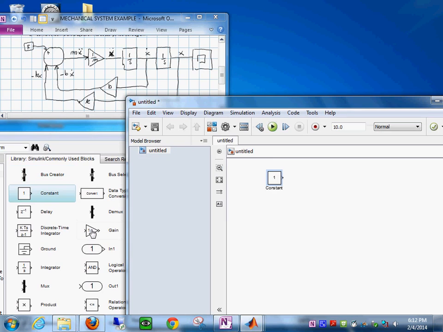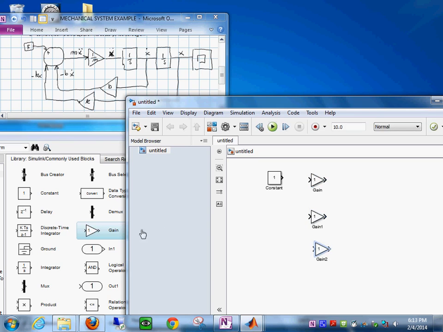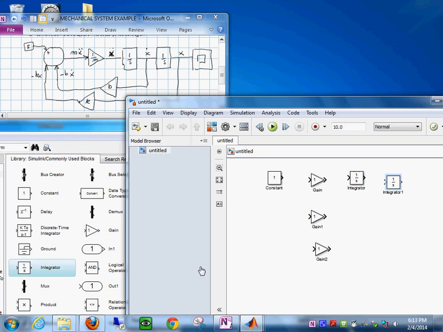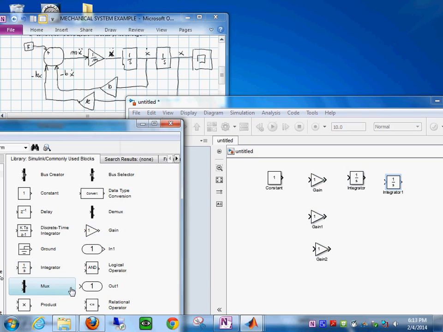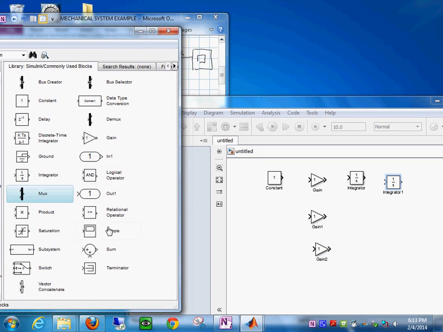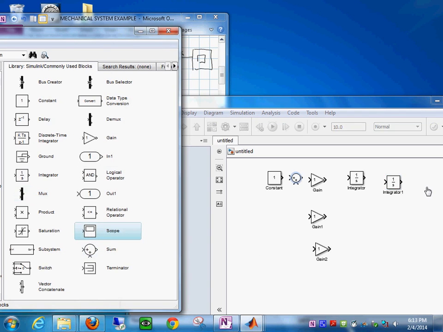We have these gains, we have three of them, so you could drag them like I'm doing, or you could duplicate the ones you bring in. We need two of these integrating blocks, and then we also need the summation point. We need this, and we need one of the scopes.